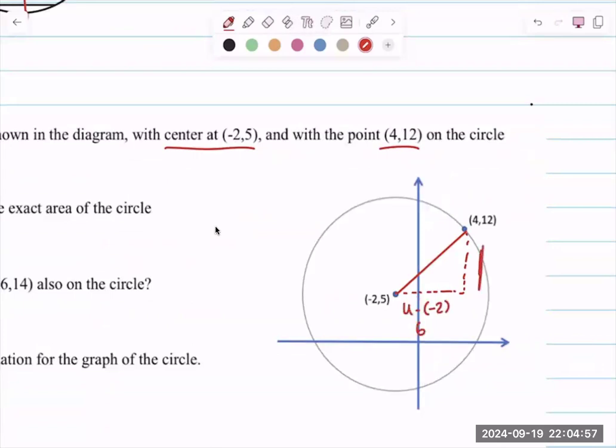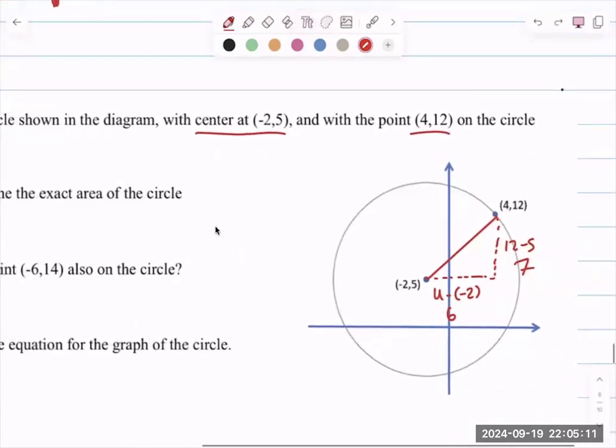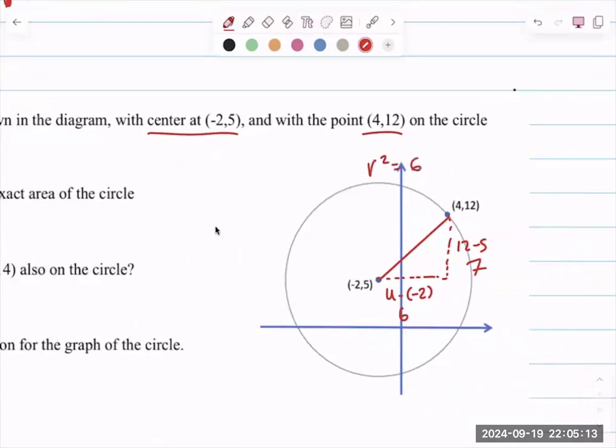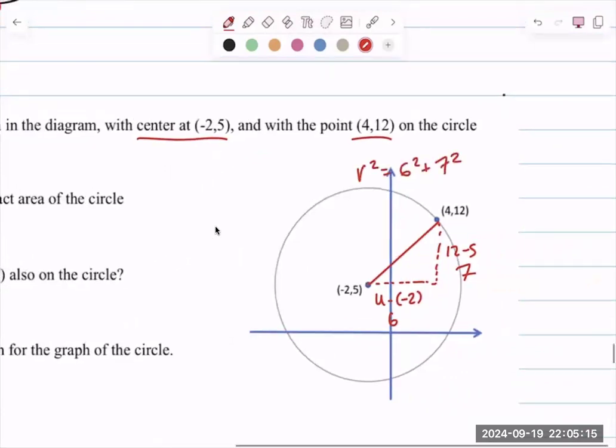This vertical distance right here is going to be 12 minus 5, or 7. No, am I wrong? That's definitely wrong. No, that's 7. Okay. And so we need to figure out what this is going to be. And so we say r squared equals 6 squared plus 7 squared, right? So r is the square root of 6 squared plus 7 squared.